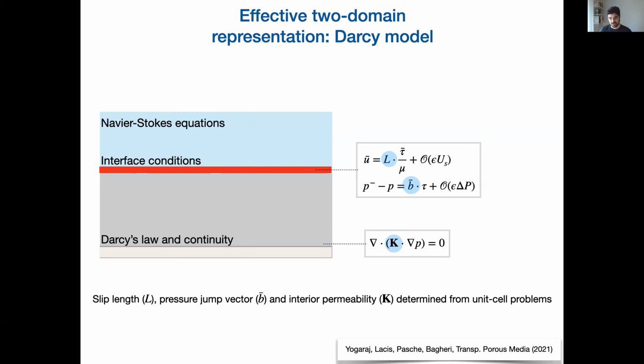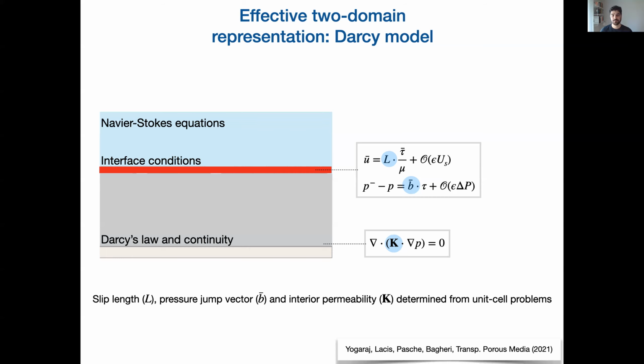And these boundary conditions, similarly to the permeability for the Darcy law, contain constitutive parameters, which are called here the slip length tensor L and the pressure jump vector B. These can be determined from unit cell problems. So this is a well-posed problem that we can use.